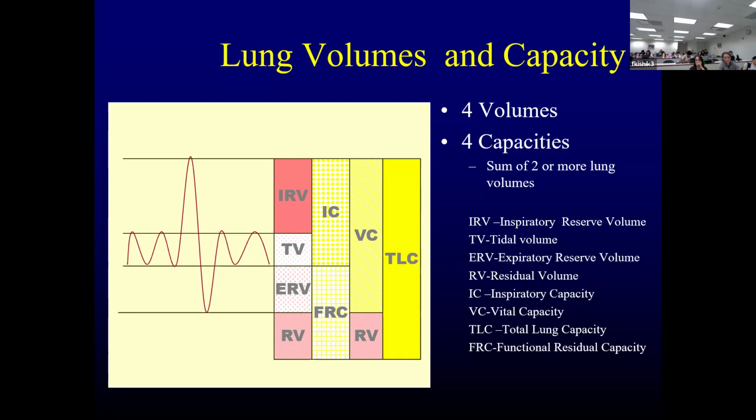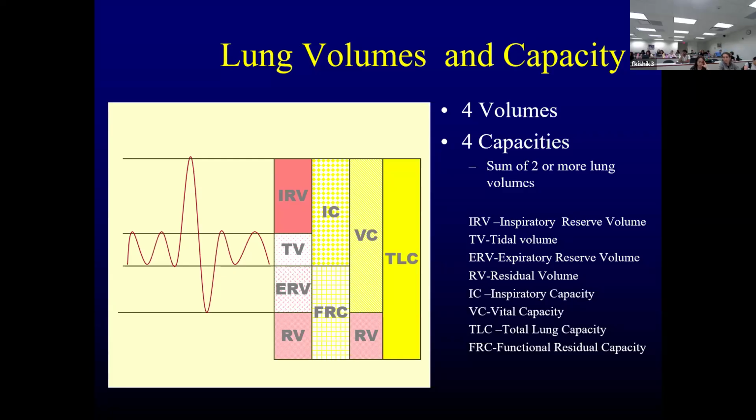As you know, we are different. Height, age, and sex are three variables which affect our lung volumes. But give and take, most of us are between 400 to 550 cc.